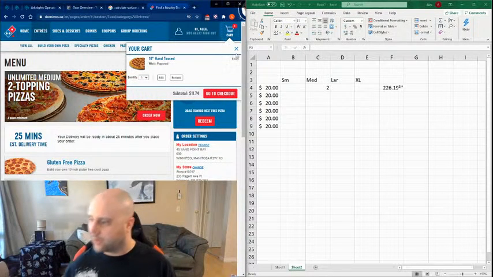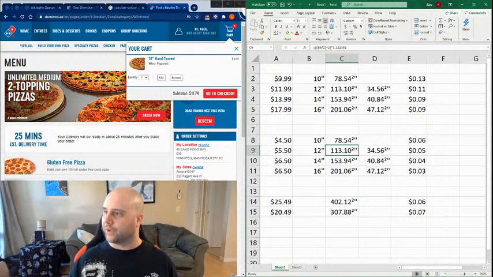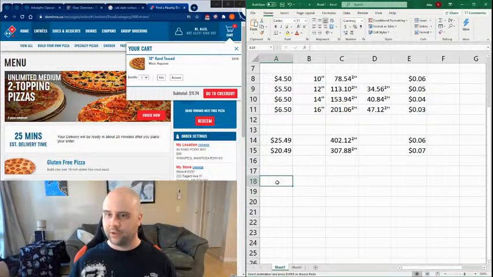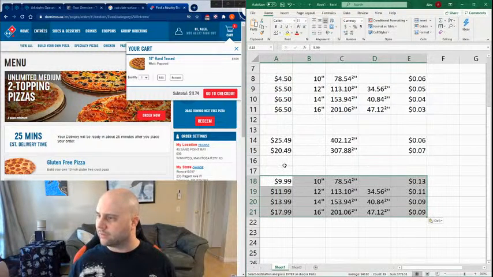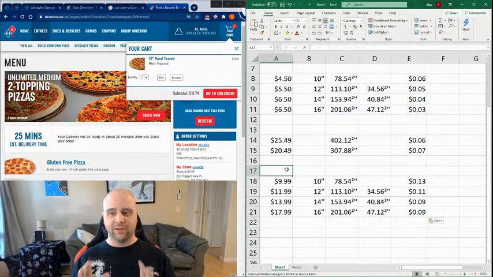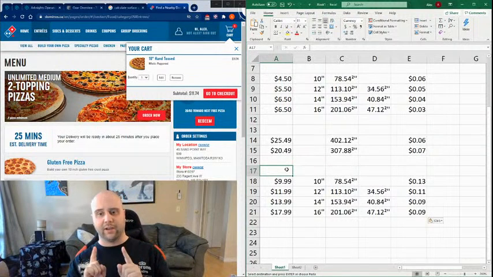$11.74. Okay, so we're going to go back to our first sheet. We're going to steal our numbers again. We're going to bring her down. Wait for it. Hold on, this is getting intense. This is getting ridiculous. This needs a heading.